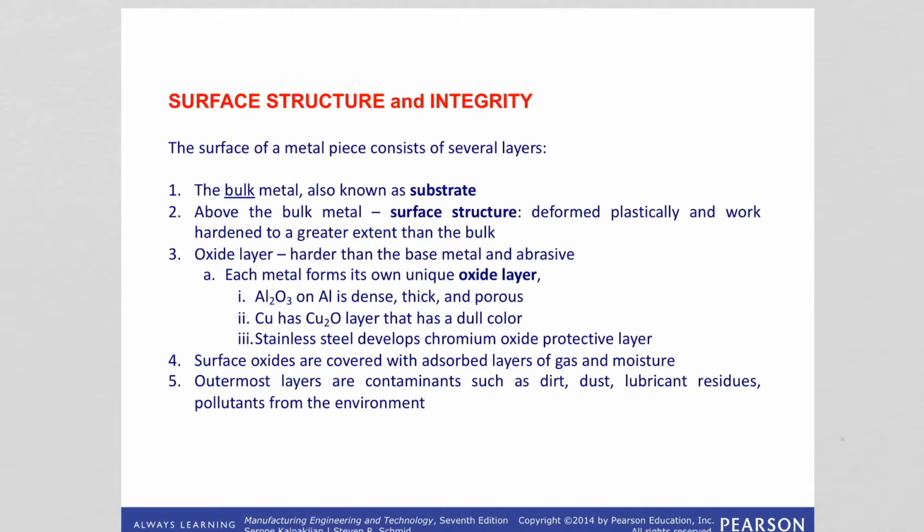The oxide layer is much harder than the base metal, so it is actually abrasive, just like ceramics. So it will have an influence on friction, wear, lubrication. Each metal has its own unique oxide or oxides, and each of these oxides will have a different behavior, and it is actually complex.